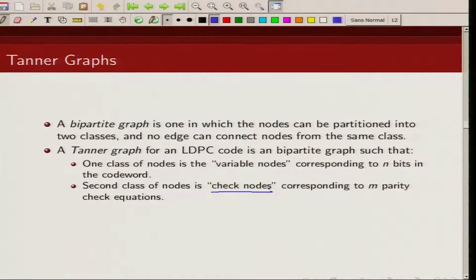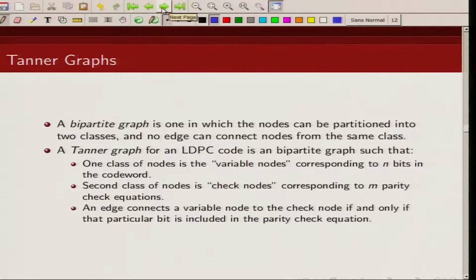They represent the m parity check equations. And how do we connect an edge? An edge connects a variable node to the check node if and only if that particular bit participates in the parity check equation.